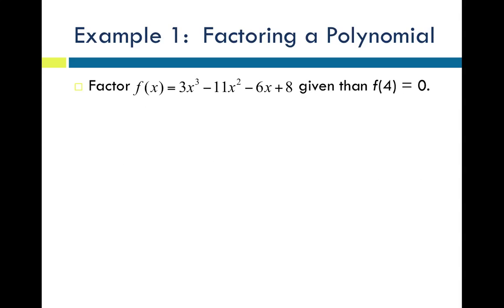So how does that help us if we're trying to factor a polynomial like the one we have here? We want to factor the function 3x cubed minus 11x squared minus 6x plus 8, given that we know f of 4 equals 0.